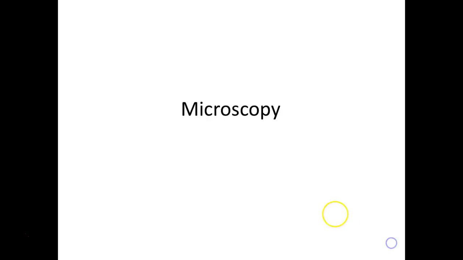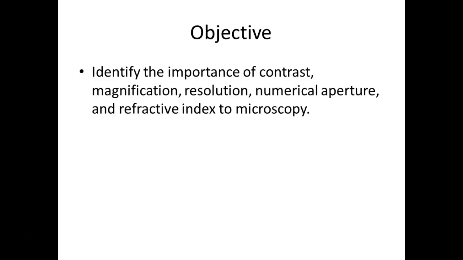As they talk about in these appendices, they talk about the importance of contrast and magnification, resolution. They don't mention numerical aperture, and I'm just going to define it for you here. In lab, you utilize that term and you do the math related to that. We keep the more complicated math for lab.